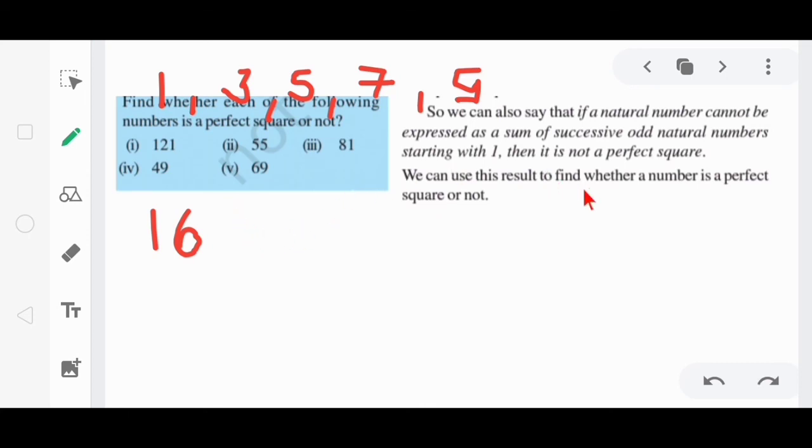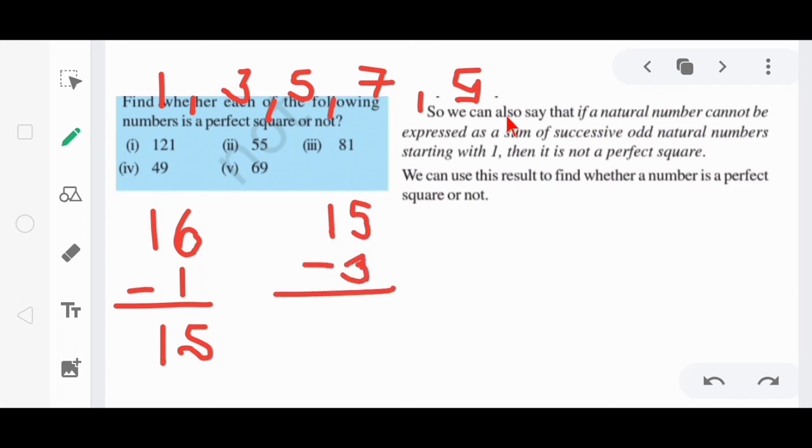So what to do? Start subtracting these numbers in this order. First subtract 1 from 16, you will get 15. Subtract 3 from 15 and you will get 12. Subtract 5 from 12, you will get 7.